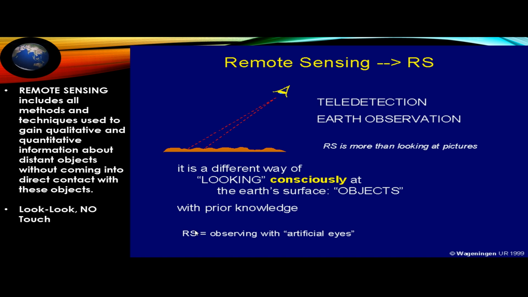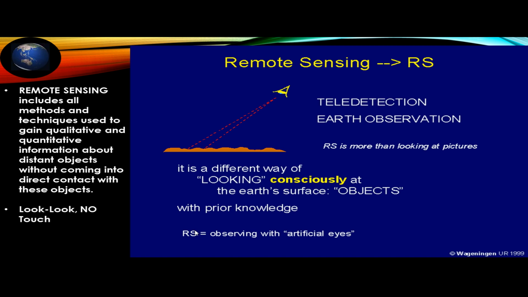Remote sensing is more than looking at a picture, because the sensors or satellites give you a photograph or imagery. It is a different way of looking consciously at the earth surface, or the objects or features, with prior knowledge, meaning you know what you are going to sense. So remote sensing is observing with artificial eyes. What are your artificial eyes? These are sensors.